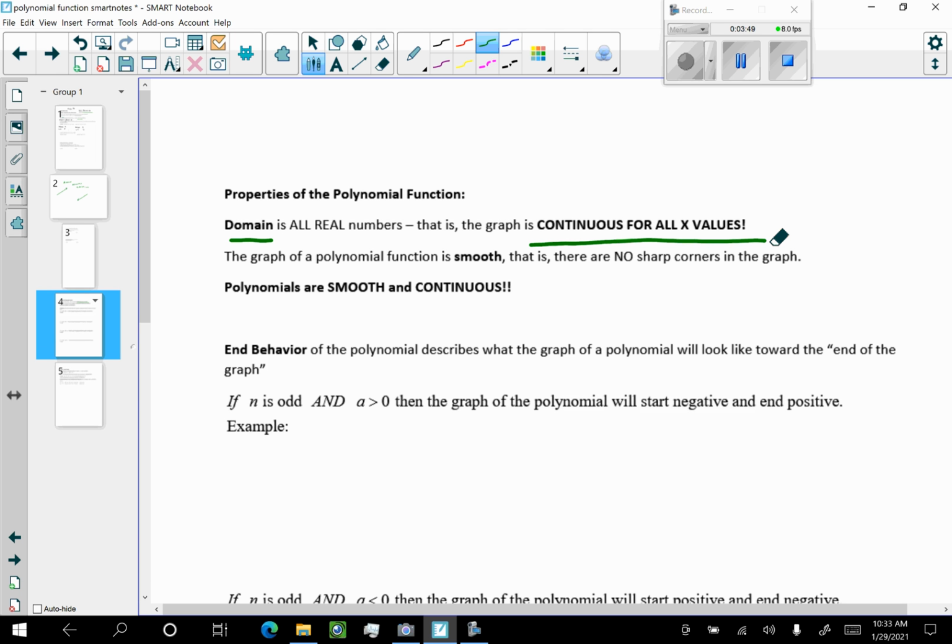Continuous means that when I sketch the graph of a polynomial, I never have to lift my pencil up. The graph of a polynomial function is smooth. We'll talk more about that in pre-calculus. Smooth means there are no sharp corners. What we want to worry about today is that polynomials are continuous.